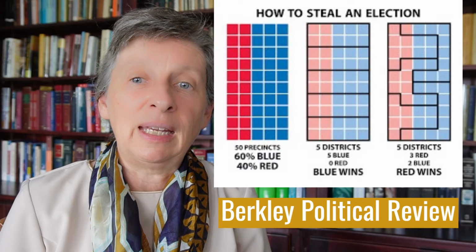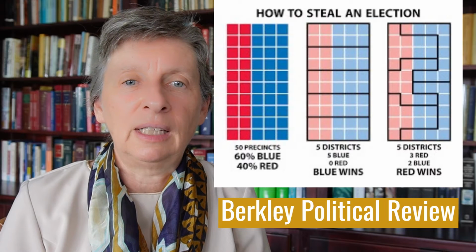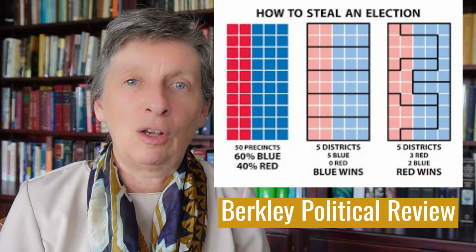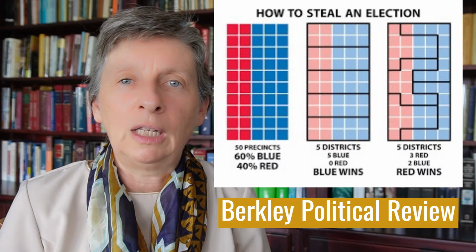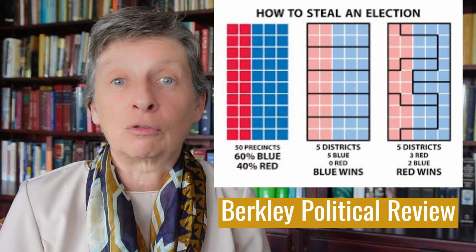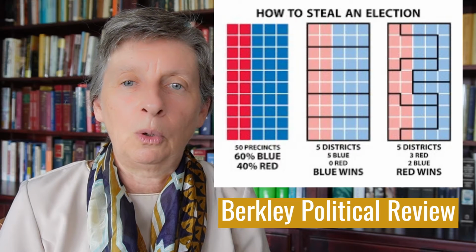If you draw them in a different way, so as to concentrate the blue voters in some districts and spread the red voters around in 3 districts so that they can win a majority there, then blue only wins in 2 electorates, giving the overall victory to red, despite the fact that blue had the greater electoral support.